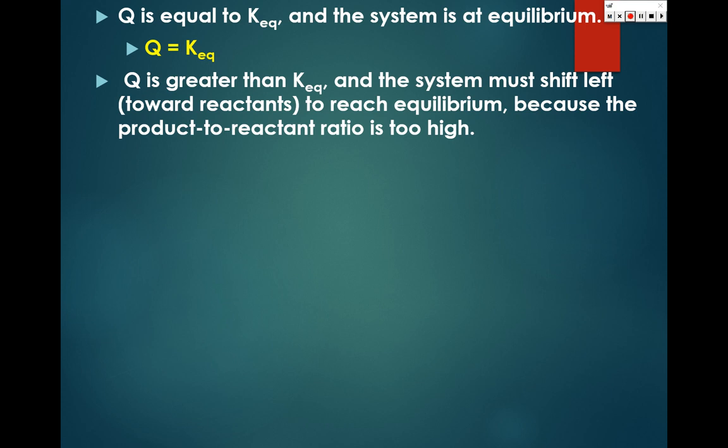The bottom. Once the bottom starts to get bigger, your number is going to get smaller. 1 over 4 versus 4 over 1. So if you want the reactants to get bigger or the products to get smaller, if that makes more sense to you, that's fine. Either way, if this is getting smaller and this is getting bigger, you're shifting to the left.